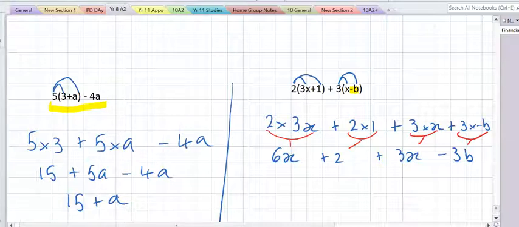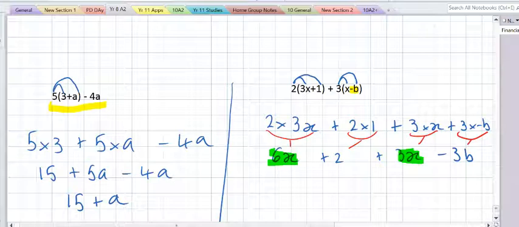Now, look at that bottom line. Are there any similar terms? We've got a 6x, a 2, a 3x, and a minus 3b. Yeah? The 6x and 3x. Good. The x's are like. So how do we simplify them? I was going to say that's 2 3s as well.